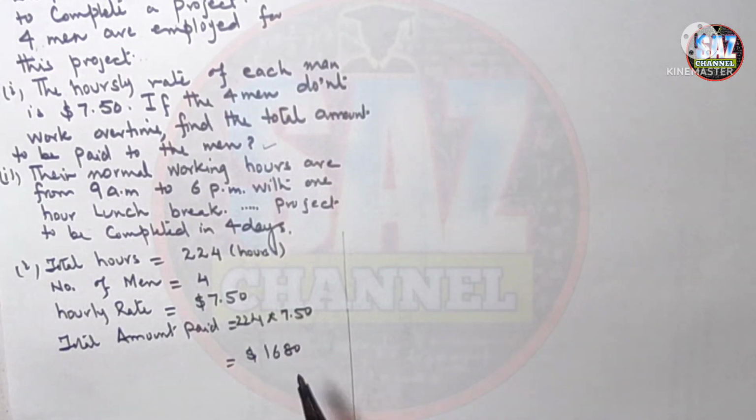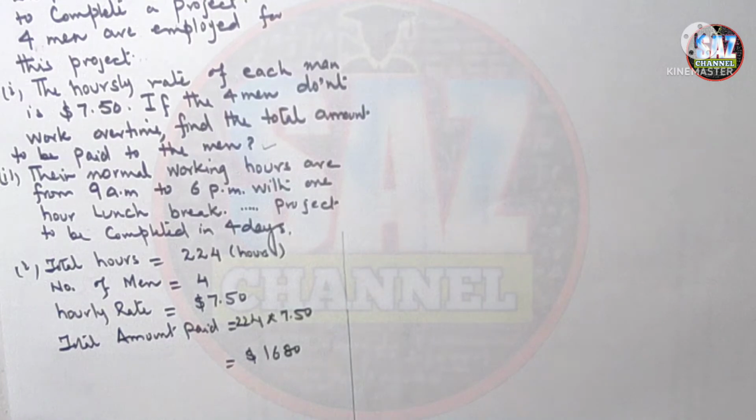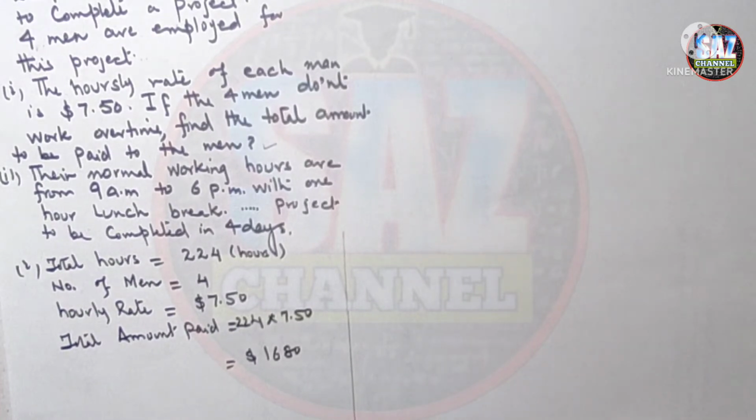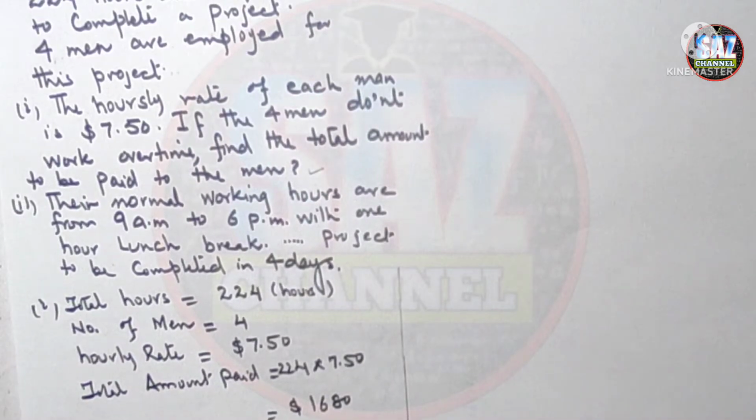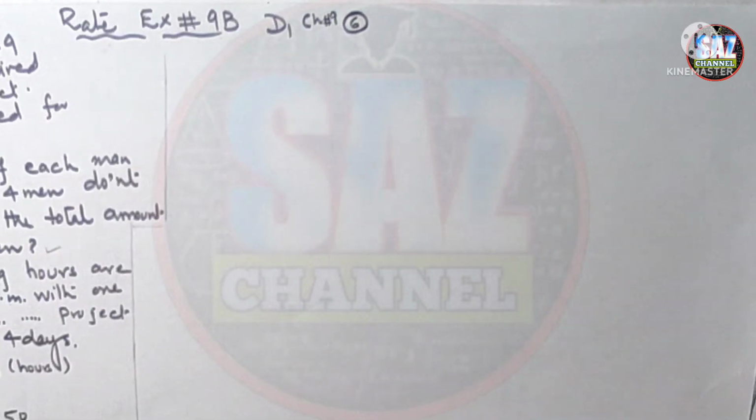So $1680 has to be paid to the 4 men if they are working for 224 hours with the hourly rate of $7.50. Okay, and now moving to the next part, first read and understand the next part.